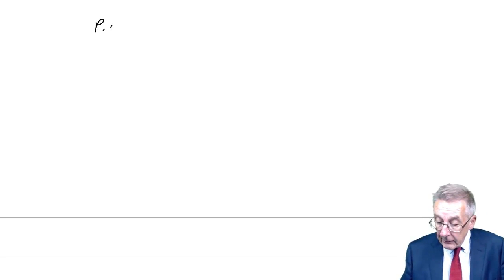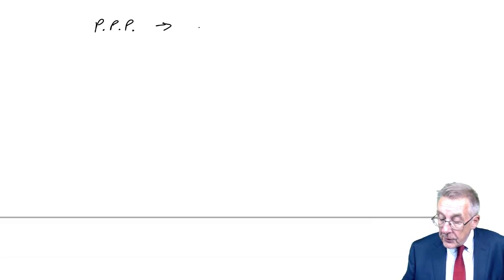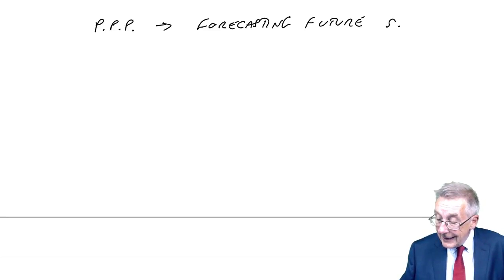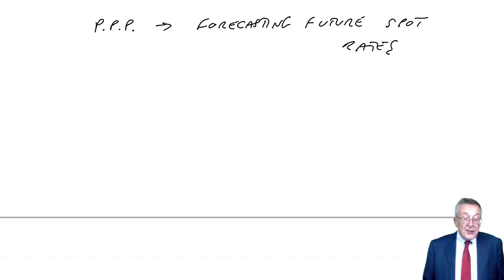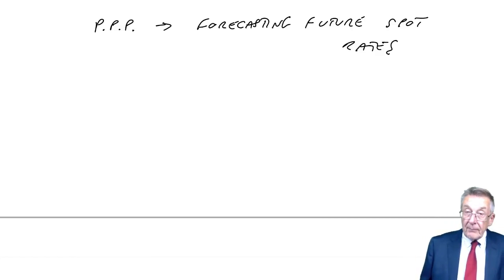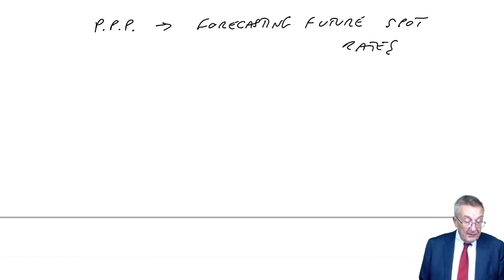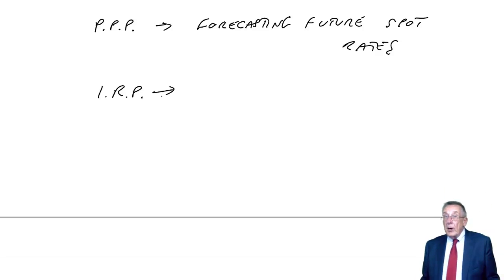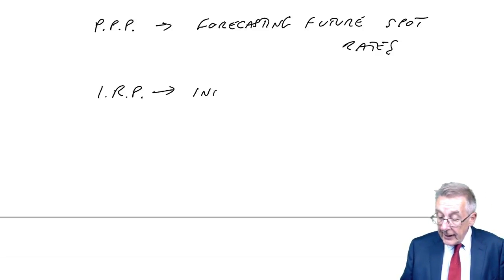And purchasing power parity is used for forecasting future spot rates. The second formula, though, is exactly the same, except it uses I instead of H. It's interest rate parity, where it's the same formula but using interest rates instead of inflation rates.